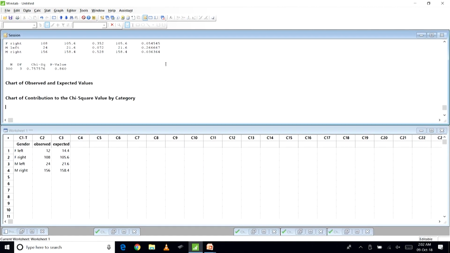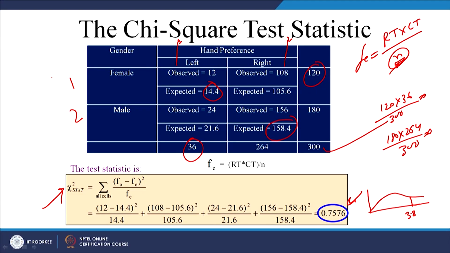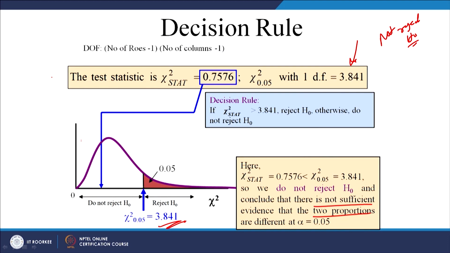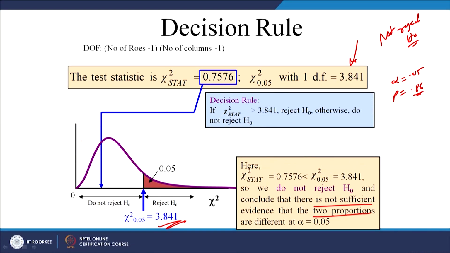Let us look at output. Just look at this value. First of all, p value, right? Compare p with alpha. So, alpha here was 0.05, right? So, alpha 0.05, p value is 0.86, right? Is p value less than alpha? No. So, we will not reject null hypothesis. That is the conclusion we have made earlier as well, right?